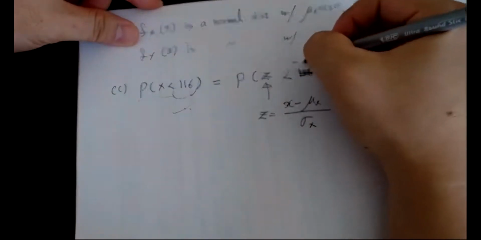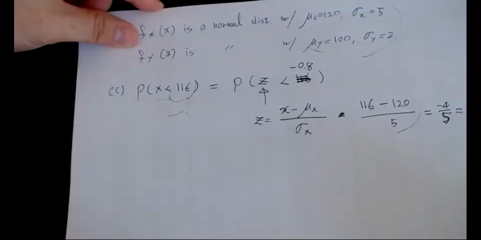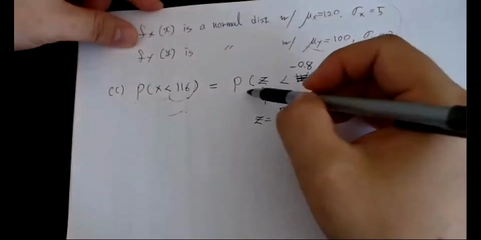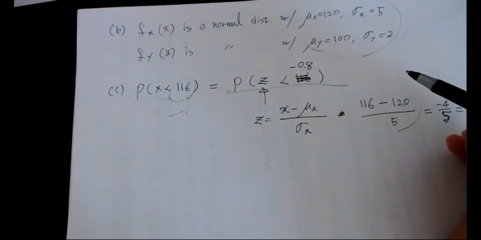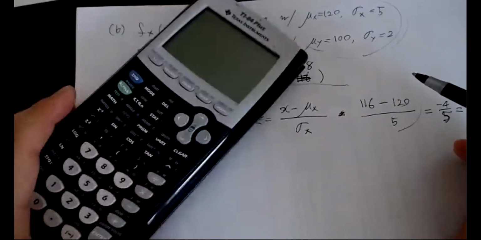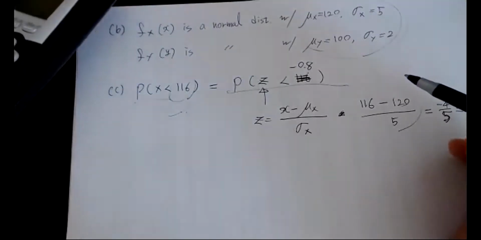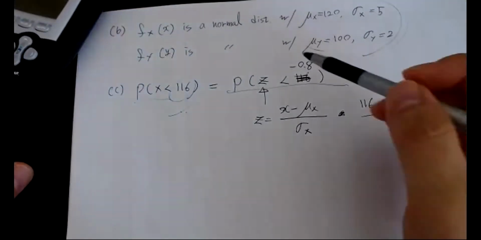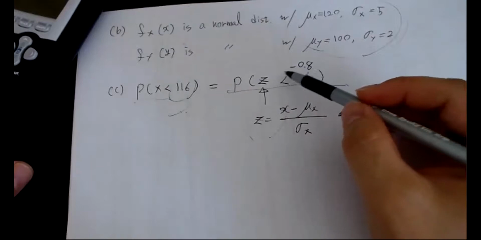So this is going to be negative 0.8. Using the standard normal distribution table, or you can just use a calculator, either one is just fine. Using a calculator, you don't have to find the z-score.